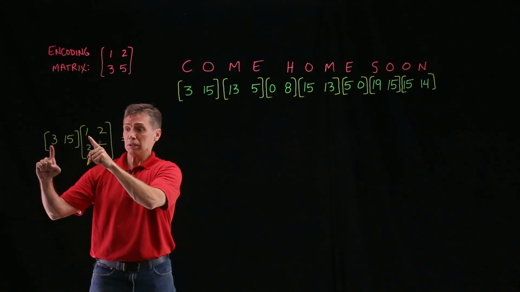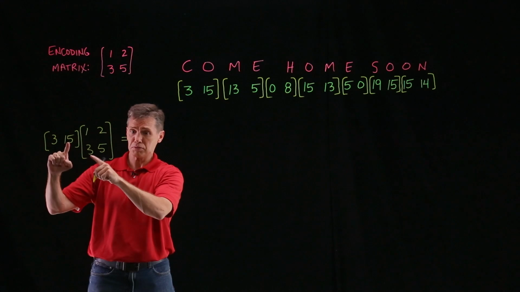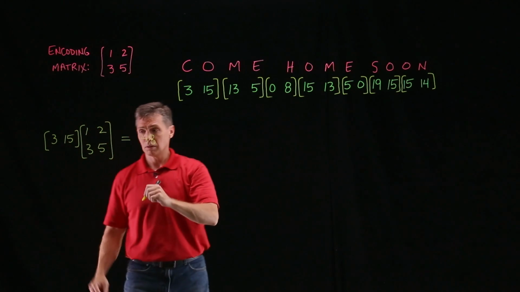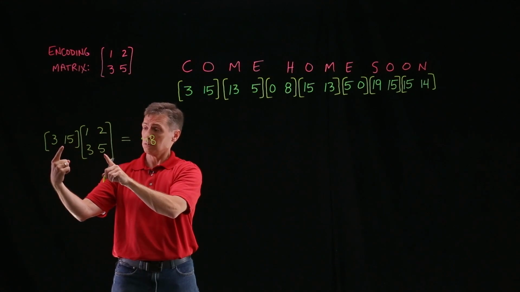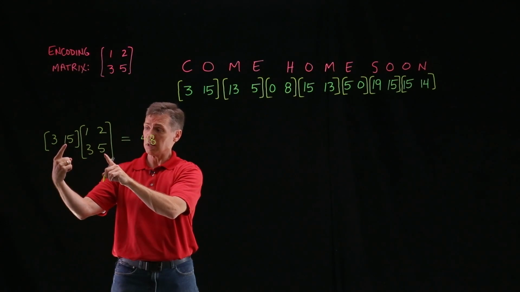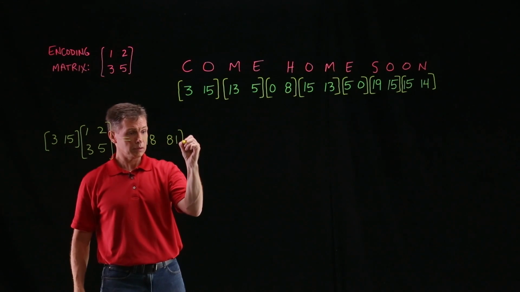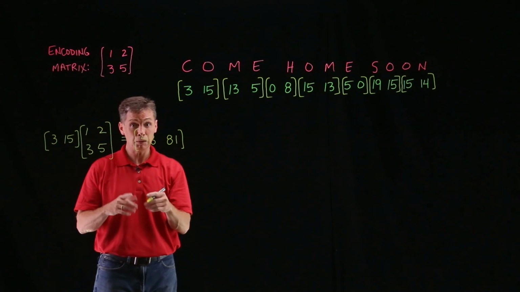So 3 plus, now I've got to multiply 15 by 3, that is 45, so that looks like 48. All right, and then 3 times 2 is 6, plus this is 75, so 81. And as a matrix, that's the first part of what will be my coded message.